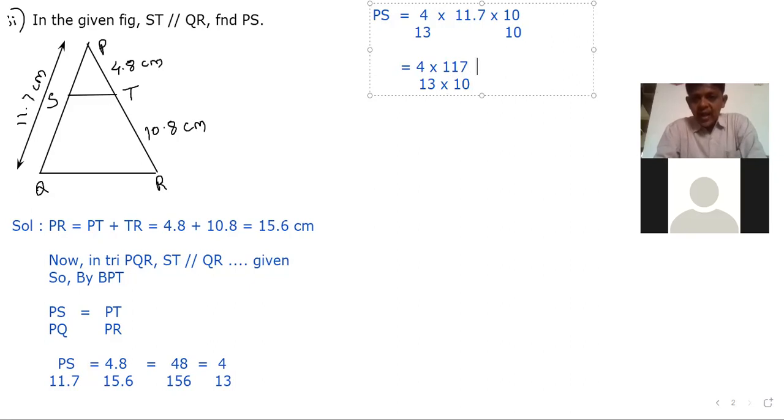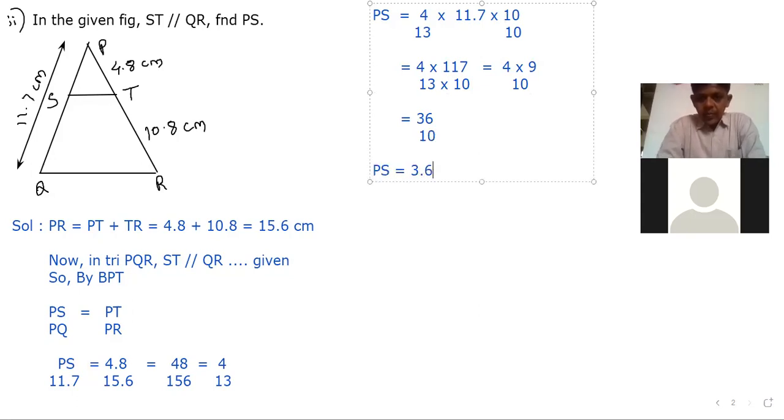And now 13 ones are 13, 13 nines are 117, so 4 into 9 upon 10 is equal to 36 upon 10. Ultimately, PS becomes 3.6 centimeters.